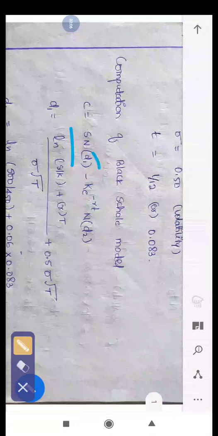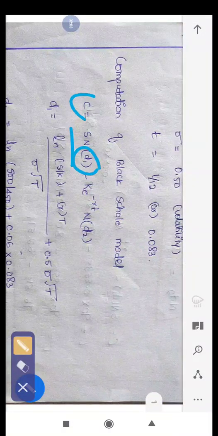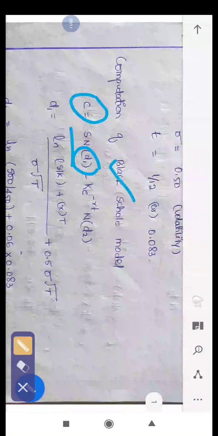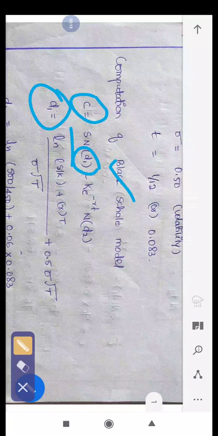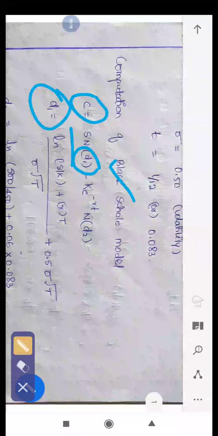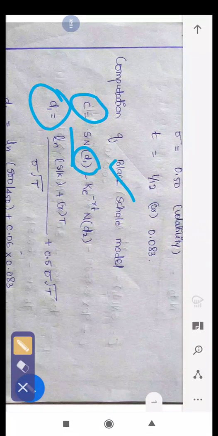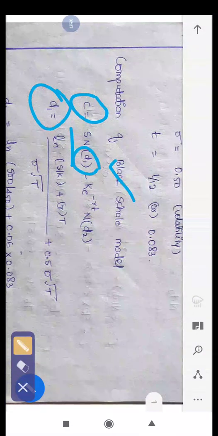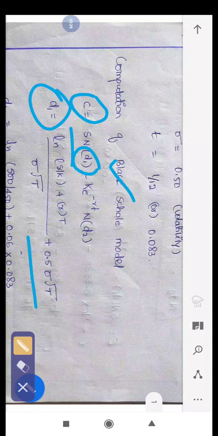First of all, for solving the value of the call option, we need to know the value of d1. For d1, there is one formula, that is ln of S divided by K plus R into T, divided by standard deviation into root of T, plus 0.5 into standard deviation into root of T.